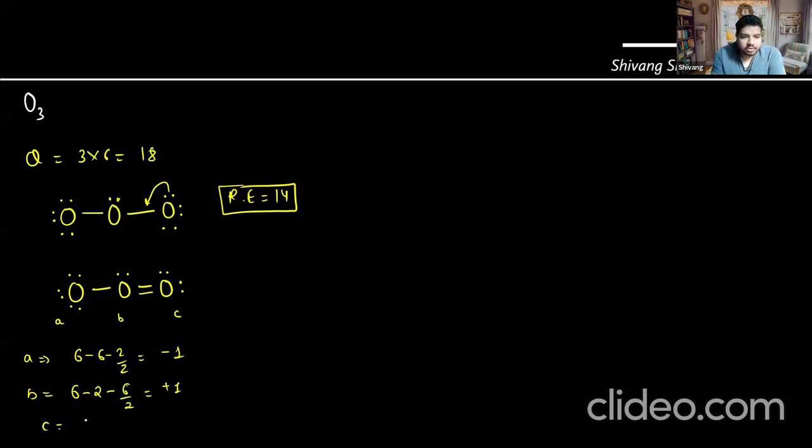And then side oxygen will be 6 minus 4 over 2, which is 0, right? So the correct structure, the proper structure of ozone would be O, double bond O, O plus and minus. That's your structure. Super easy, right? I hope this is clear.